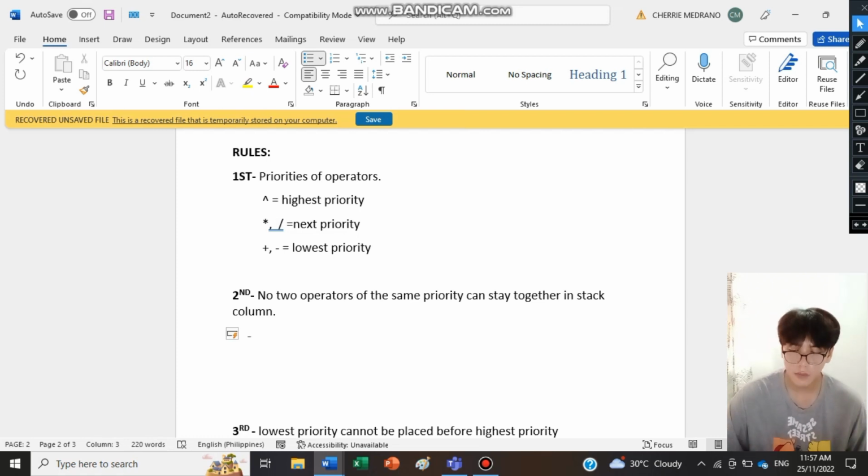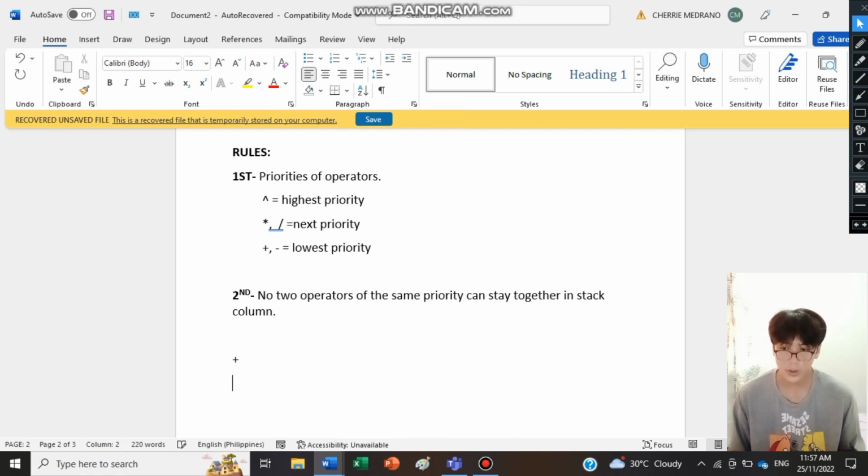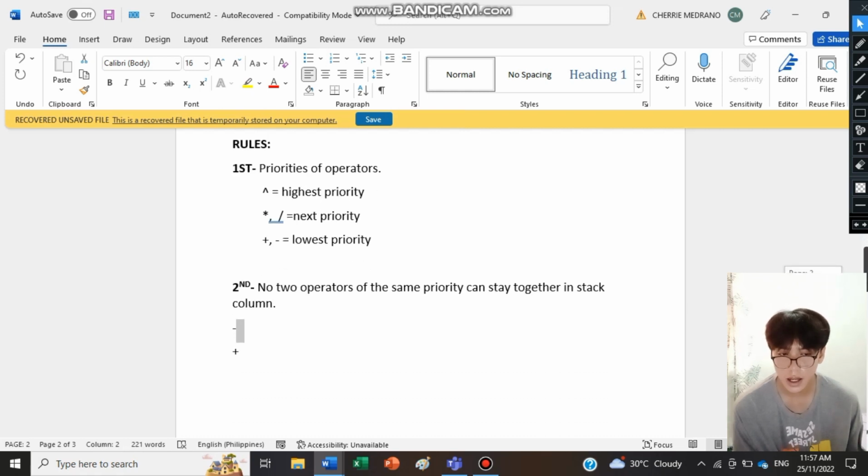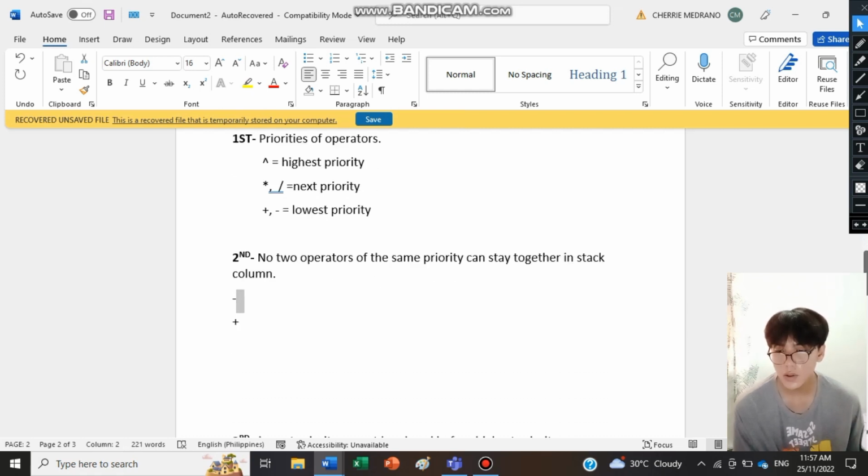So if ever we encounter this kind of problem in our stack column, what we are going to do is pop the element or the operator that is already in our stack. For example, we have here plus, then we're going to insert the minus operator. Since the minus operator and plus operator have the same priority, we are going to pop the plus operator that is already inside the stack in order to be able to insert the minus operator.